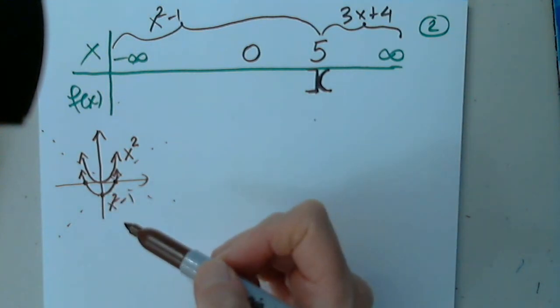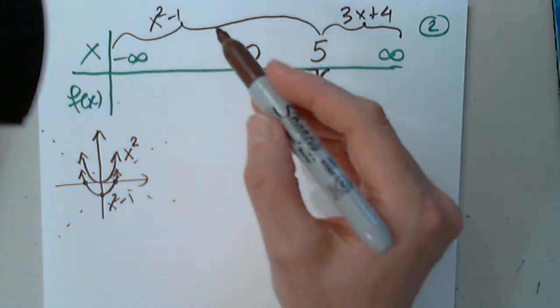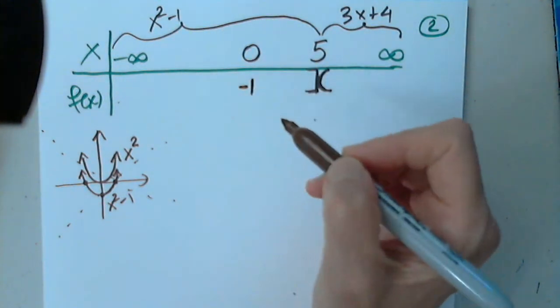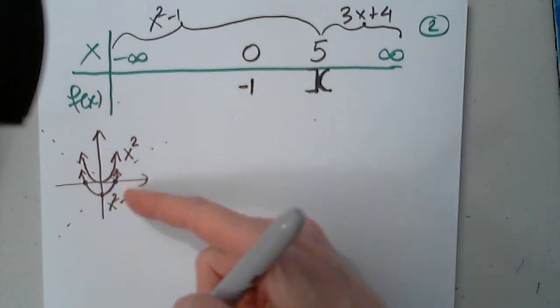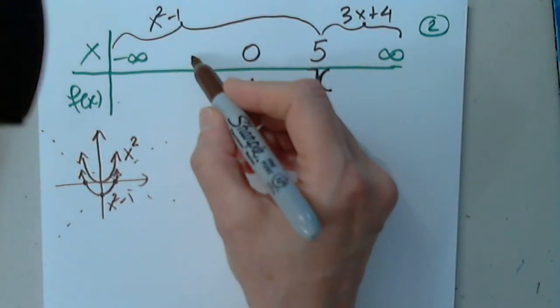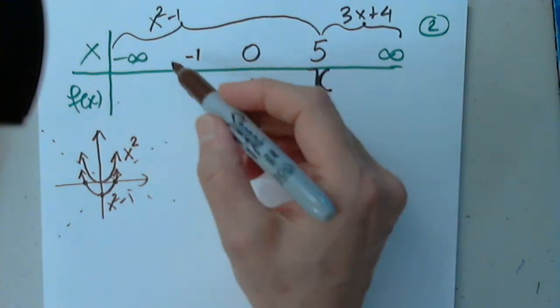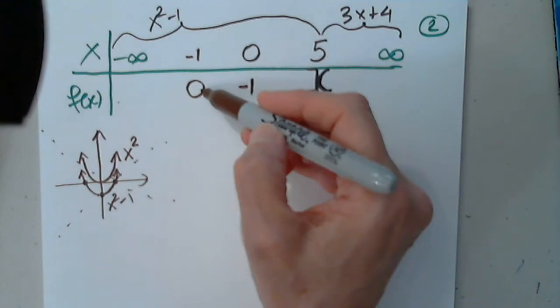for such a function. When I plug in 0, I get -1. I know from my previous knowledge that it will cross at -1. -1 squared is 1, minus 1 is 0.